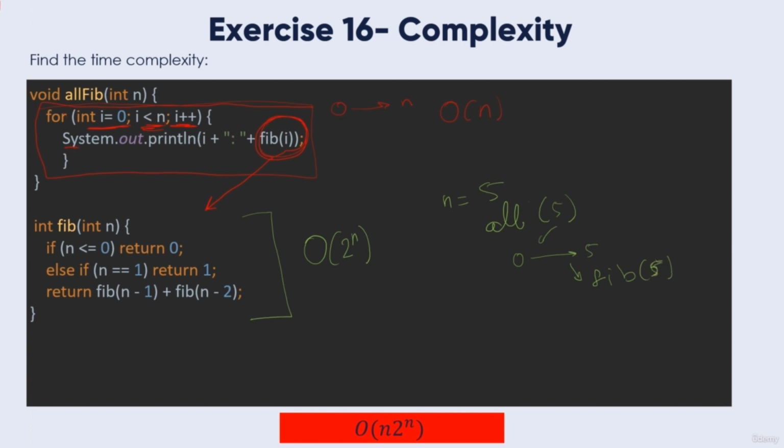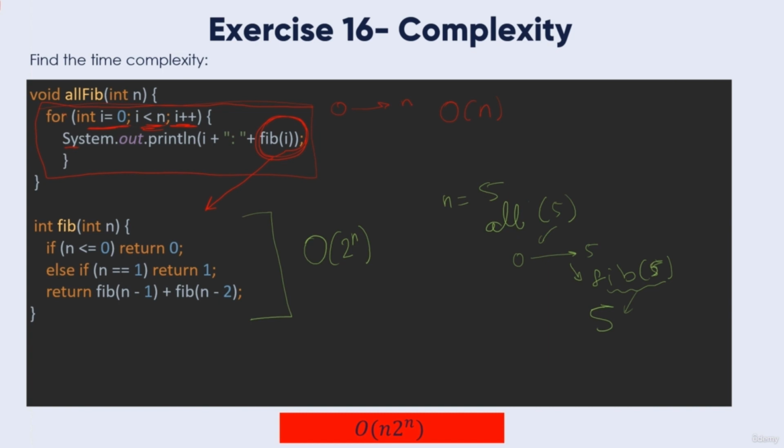We have seen fib 5 in the previous video. The Fibonacci of 5 is equal to 5. This will result in 5.